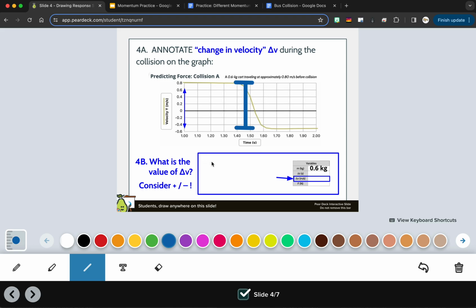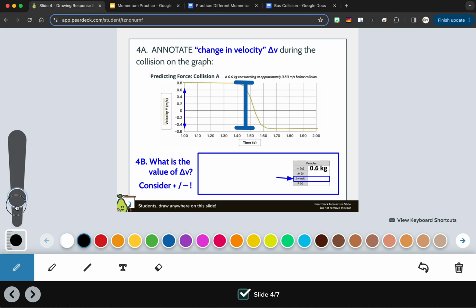So we have a change from, I'll just write this as ugly as it can get, 0.8 in the positive direction down to negative 0.5. This looks like it's around 0.5.